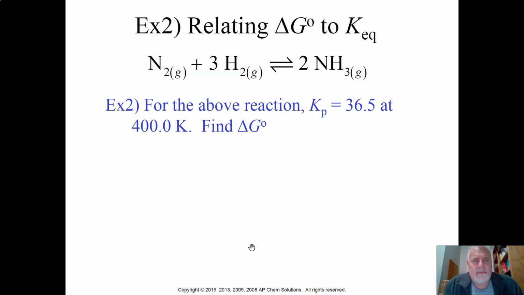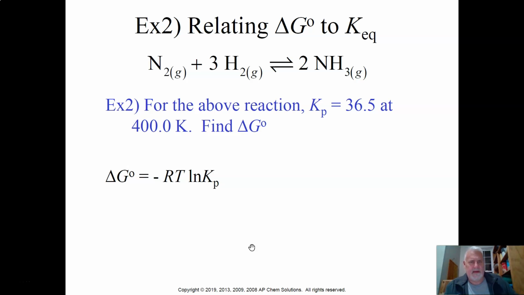Okay, now for the above reaction, Kp equals 36.5 at 400.0 K. Find delta G. So here's how we're going to solve this. Delta G equals negative RT times the natural log of Kp.